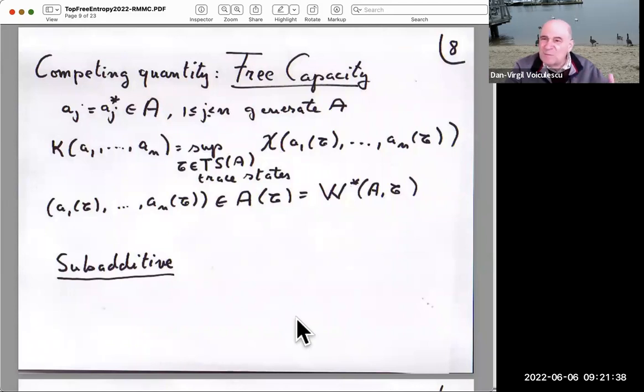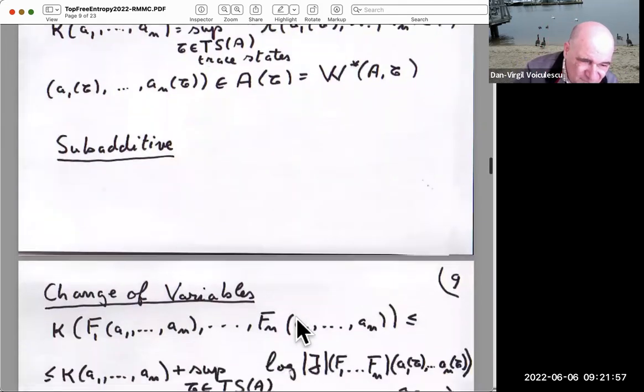One takes the supremum of all these over all trace states. This is the free capacity. The quantity is subadditive again. I mean, if I have A1, ..., AN and B1, ..., BM and put them together, it is bounded by the sum of the two.